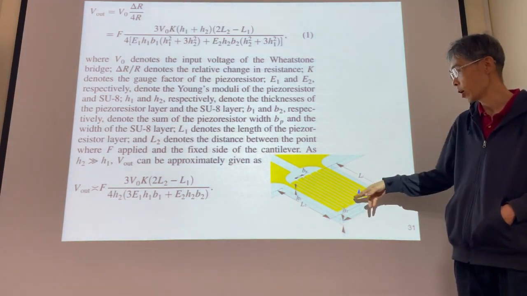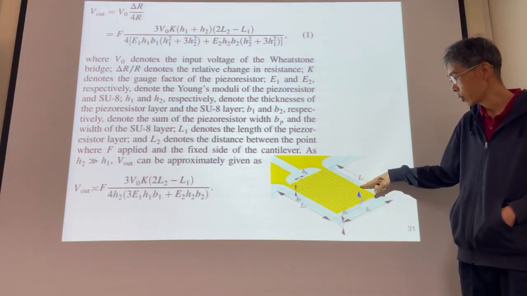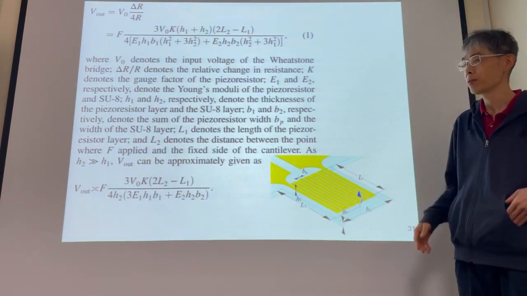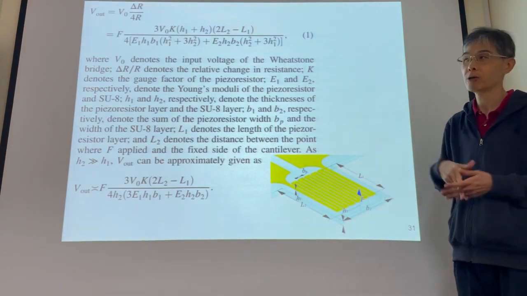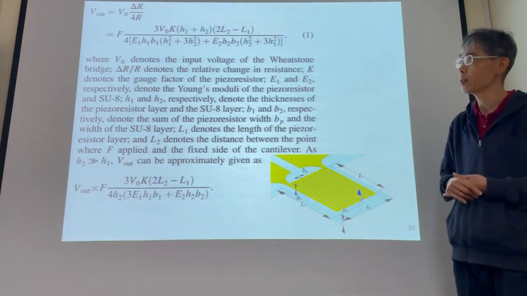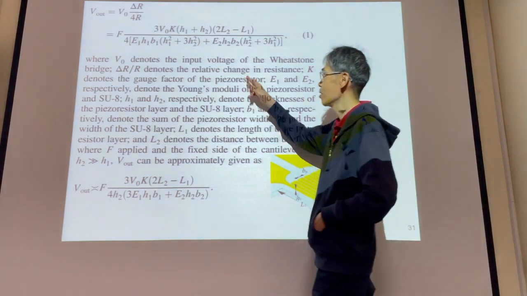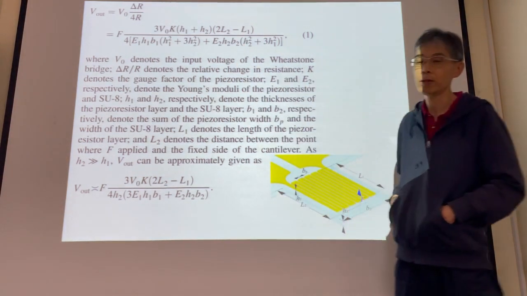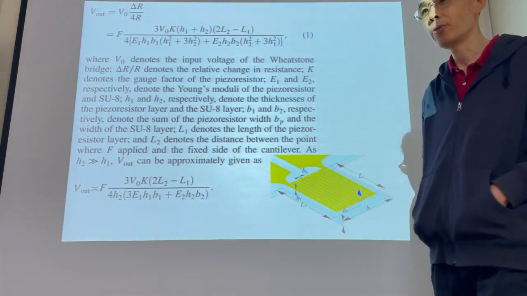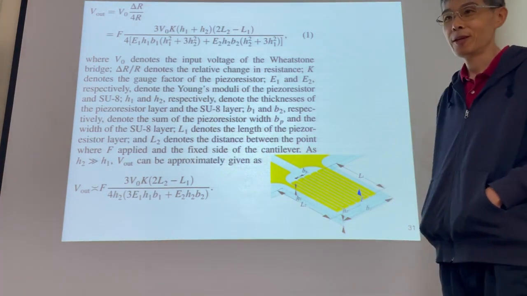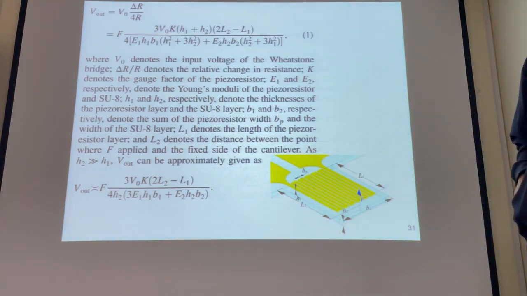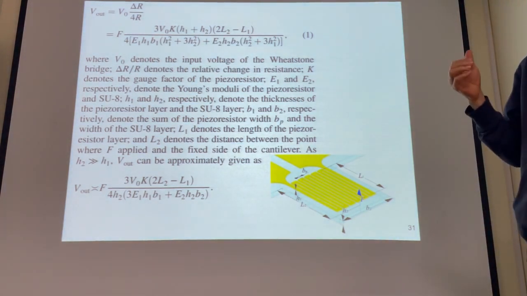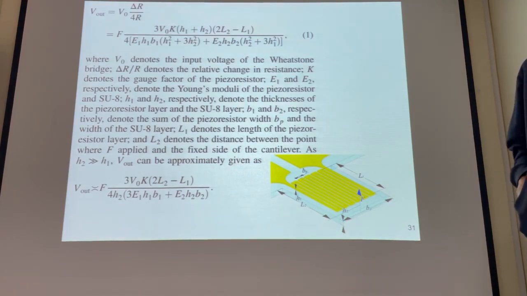So we can derive: you apply a force F, then we calculate the strain, then do the integration, go through those mathematical processes. In the end, we can get these beautiful equations. See, almost all journal papers have some equations. This is typical.